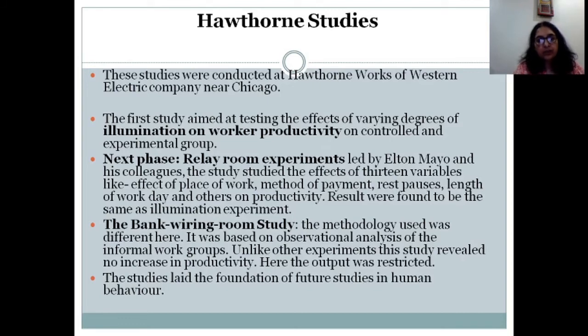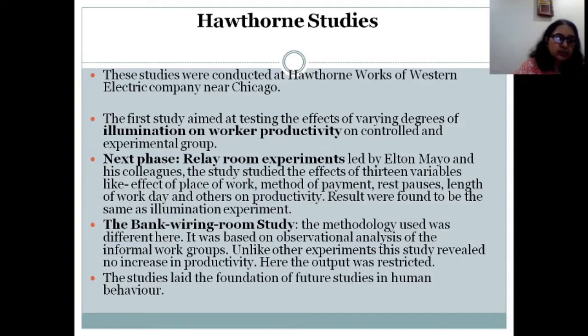Since the Hawthorne studies are recognized as a starting point for the field of organizational behavior, let me briefly explain the experiments that were conducted at the Hawthorne Works of the Western Electric Company near Chicago.